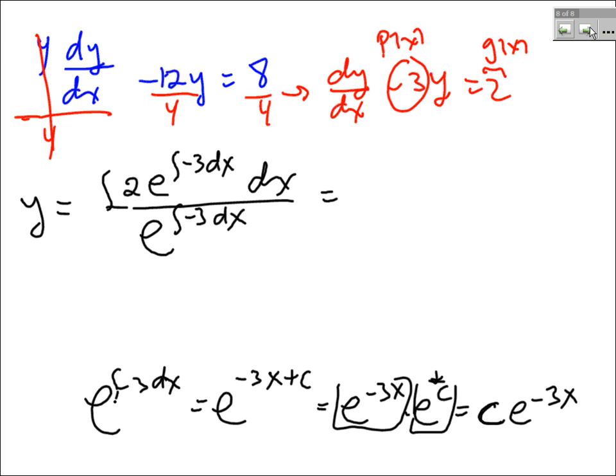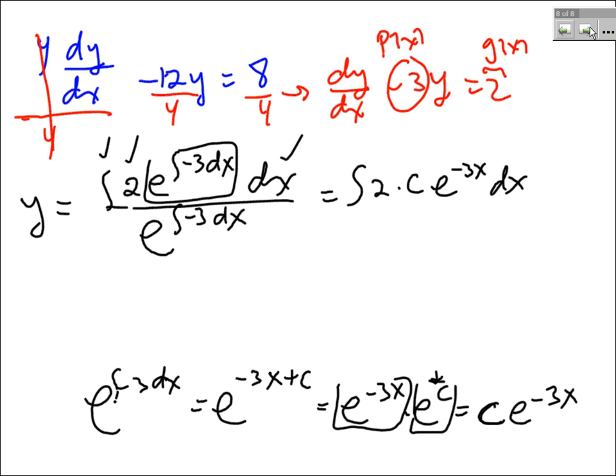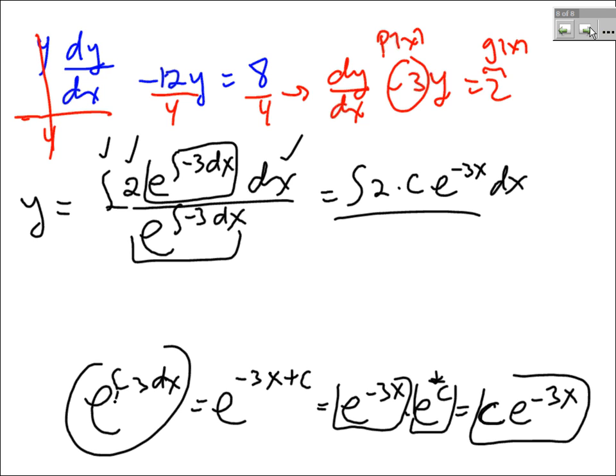So we have the integral 2 times this piece, which is c e to the negative 3x times dx, all over this integral, or that denominator, which we just worked out to be this. Now those c's are exactly the same.